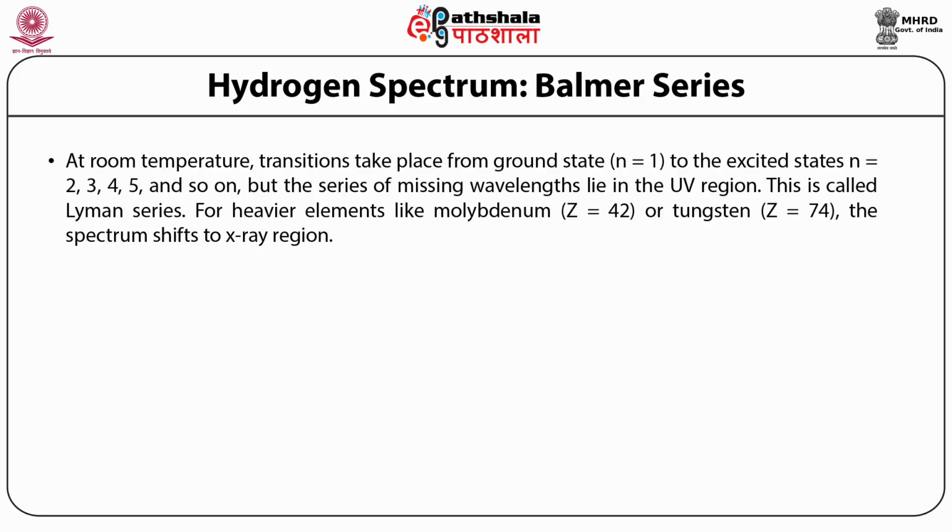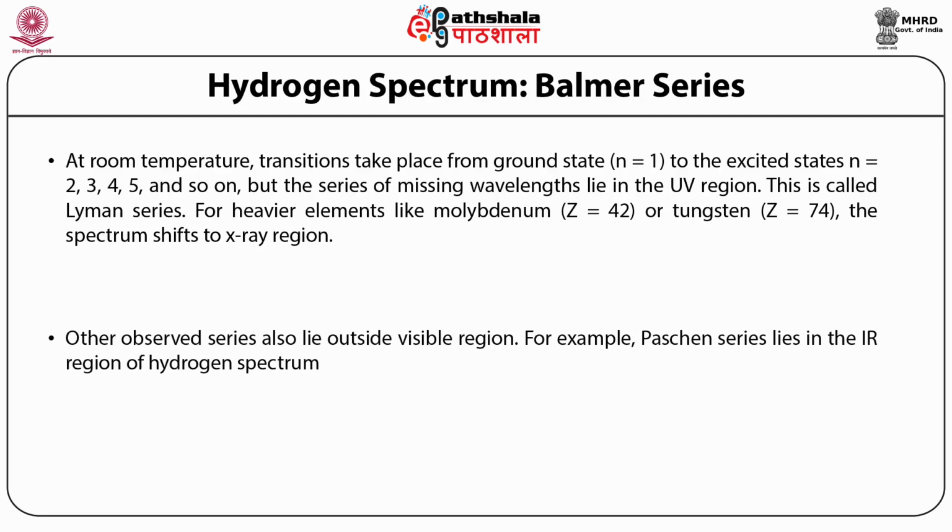Now, for heavier elements like molybdenum or tungsten, the spectrum shifts to the X-ray region because 1 by lambda is proportional to z square, and so for heavier elements, the spectrum shifts to the X-ray region. Other observed series also lie outside the visible region. For example, the Paschen series lies in the infrared region of the hydrogen spectrum.